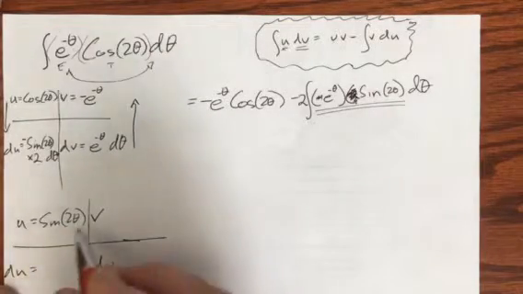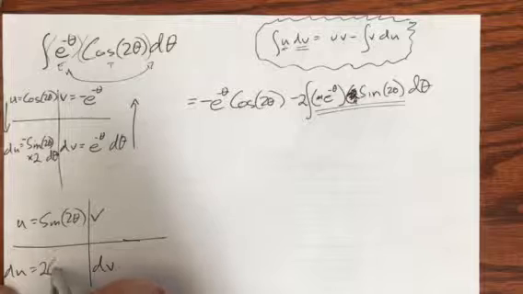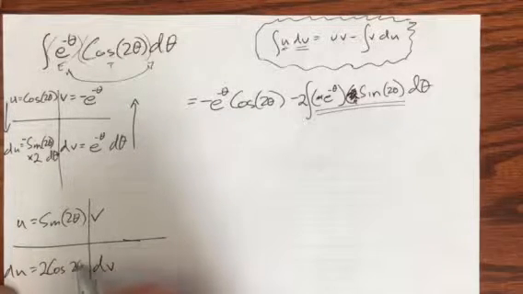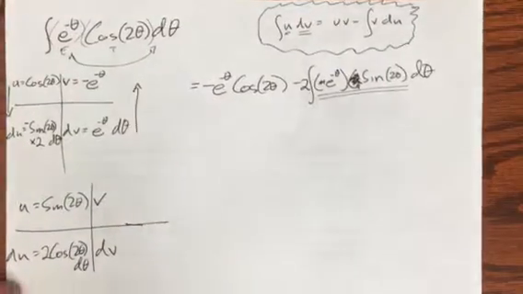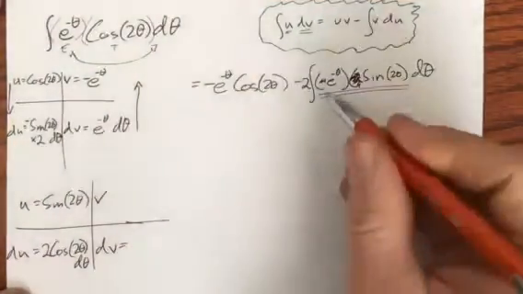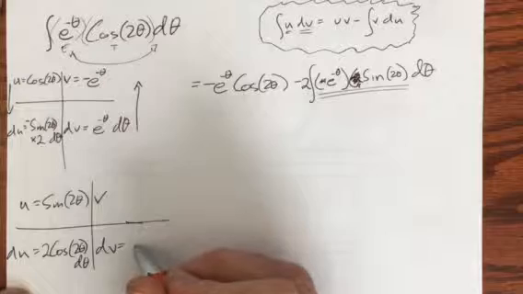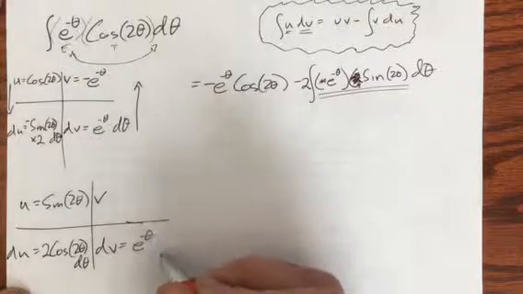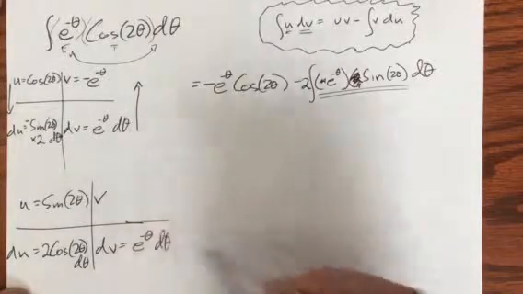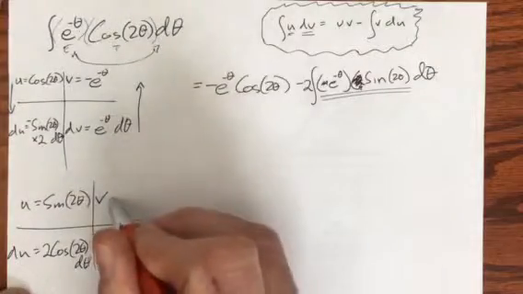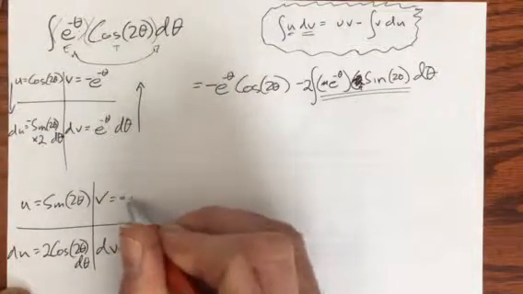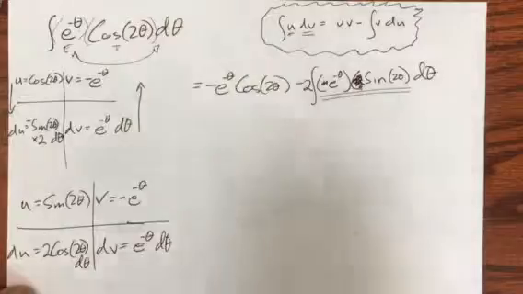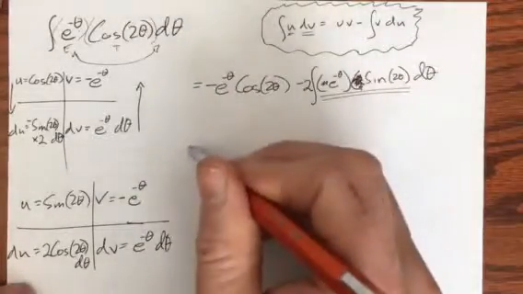When I take the derivative, it's going to be 2 cosine of 2 theta, and then I still have to sneak in the d theta. What is my dv? It is e to the minus theta d theta. This is looking familiar, and when I integrate that, I wind up with minus e to the minus theta. Again, we're just going to keep going.